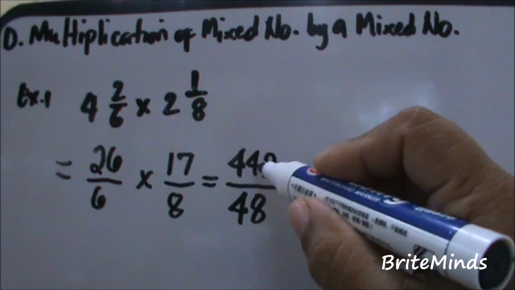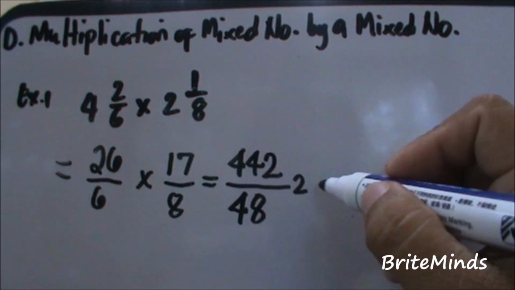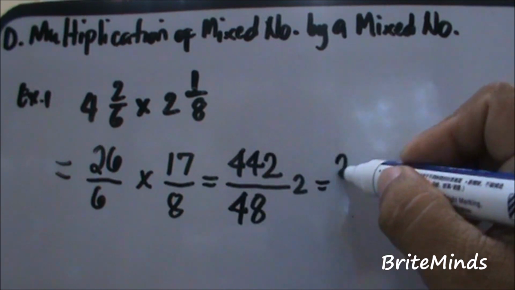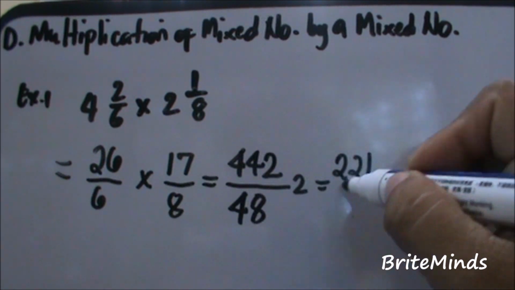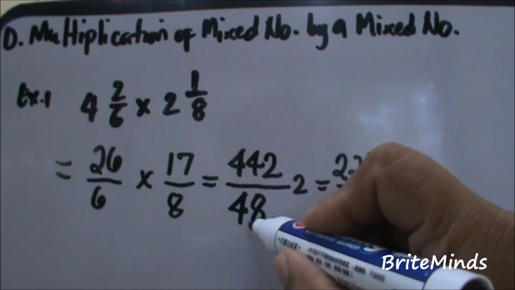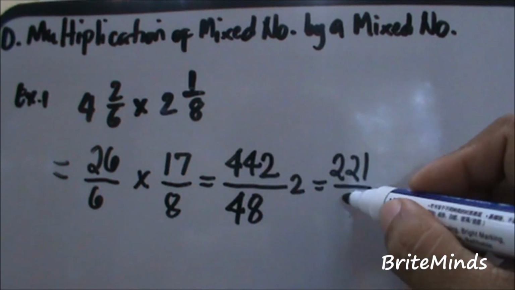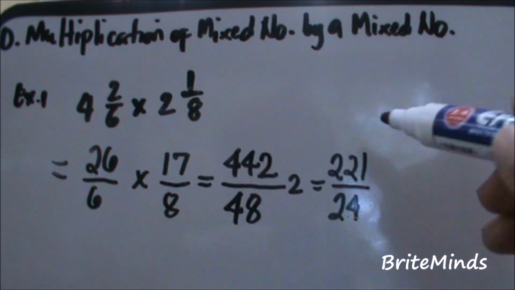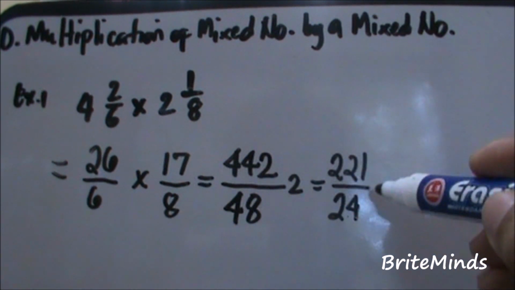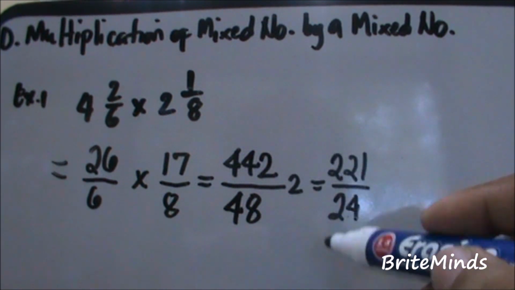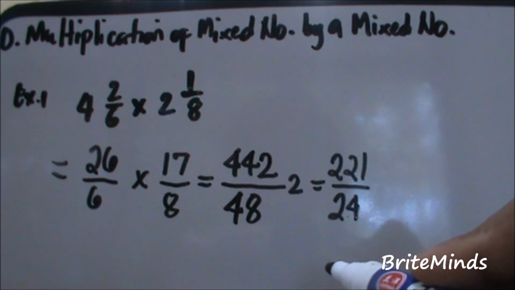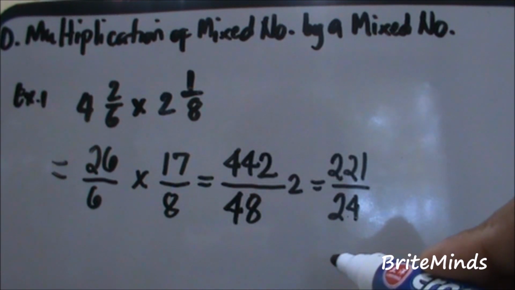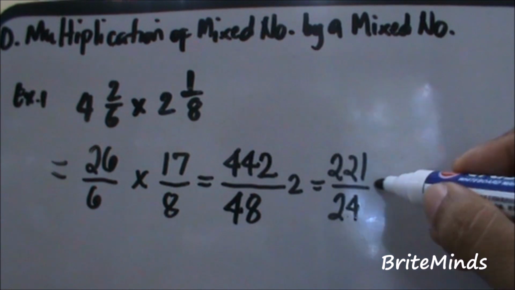So 442 divided by 2 is 221, and 48 divided by 2 is 24. Still this is an improper fraction and we need to reduce it to lowest terms.